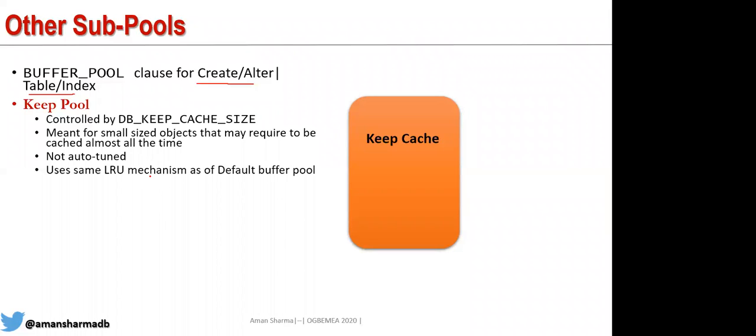That does not mean that the keep cache will not be flushed out. It is going to be, but it is going to be slightly delayed as compared to the default cache. This is not auto-tuned, which means it does not have auto-tuning available as we have for the default cache. And it uses a similar LRU mechanism as the default cache.